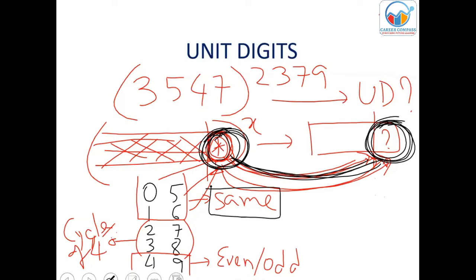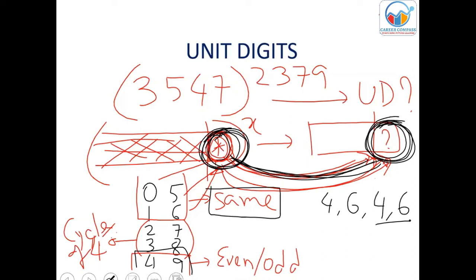Now coming to 4 and 9. What about 4 and 9? Look at 4 and especially the powers. 4 to the power 1 is 4. 4 to the power 2 is 16, that means it will give you a unit digit of 6. 4 cube is 64, so the unit digit will be 4. 4 to the power 4, 256, will give you a unit digit of 6.